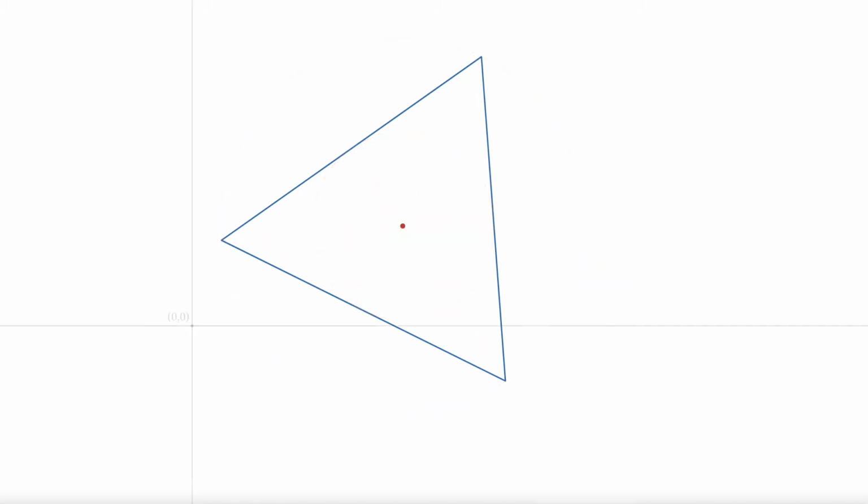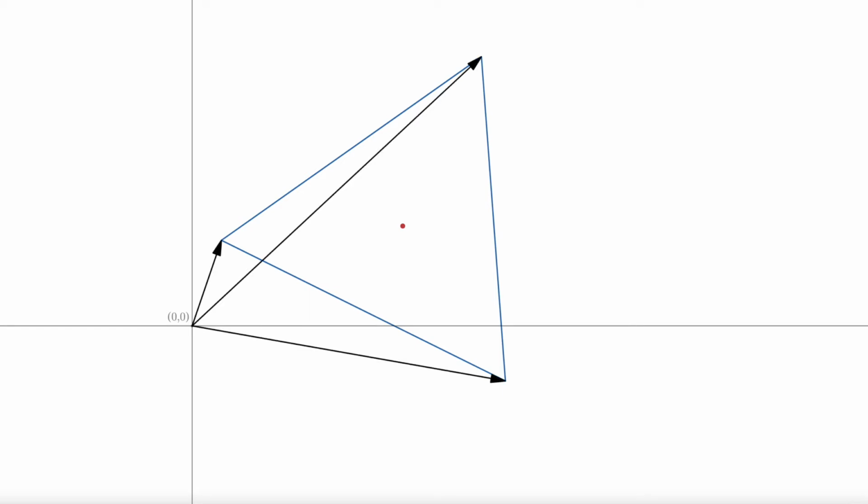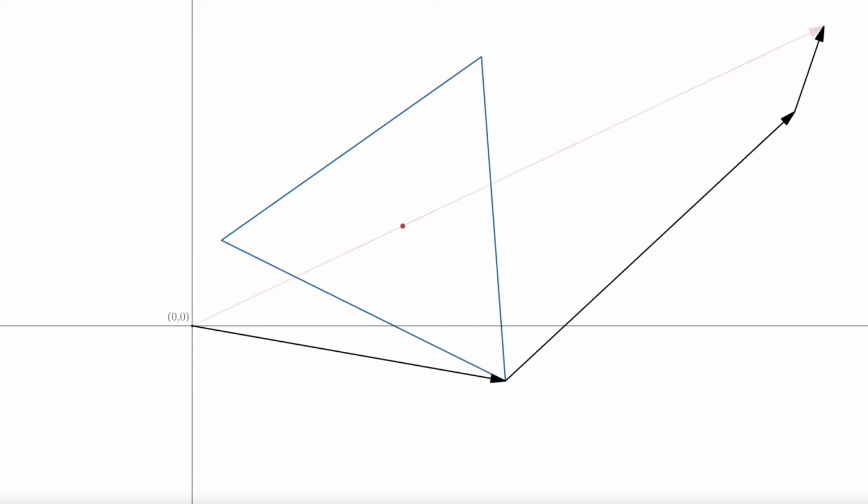If we put the triangle in a coordinate system, the centroid can be found simply by averaging the 3 x-coordinates and the 3 y-coordinates of the vertices. In vector terms, that means adding the 3 vectors from the origin to the vertices and dividing the result by 3.